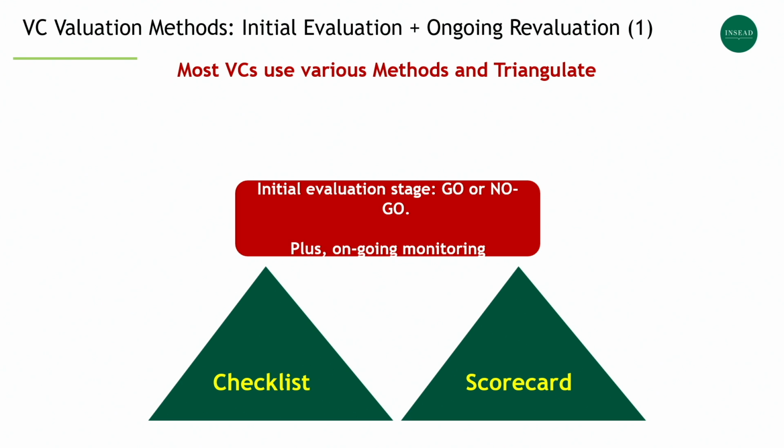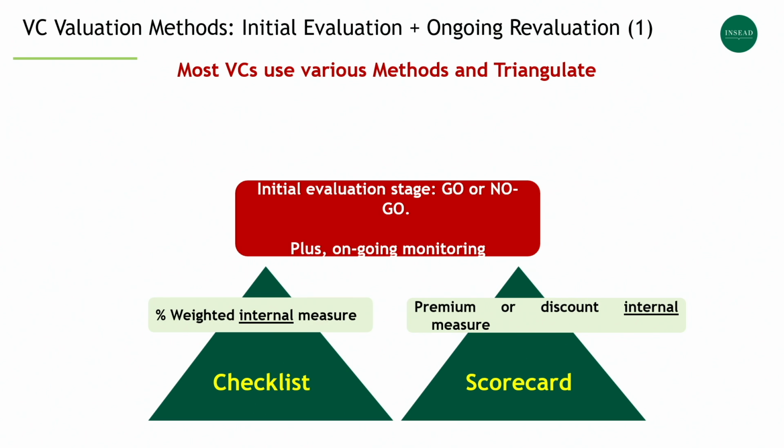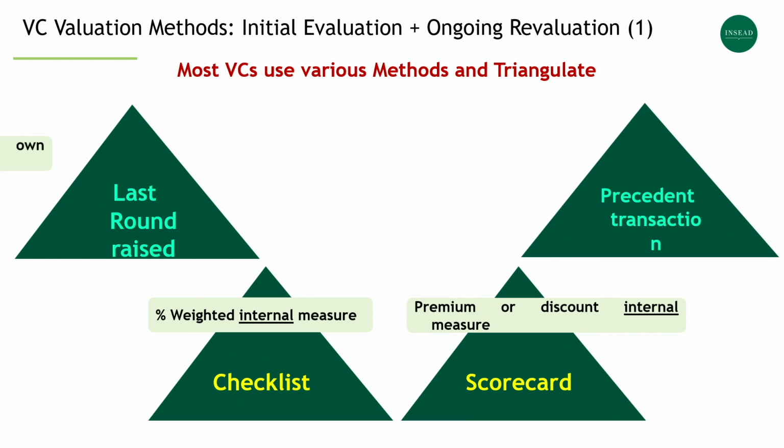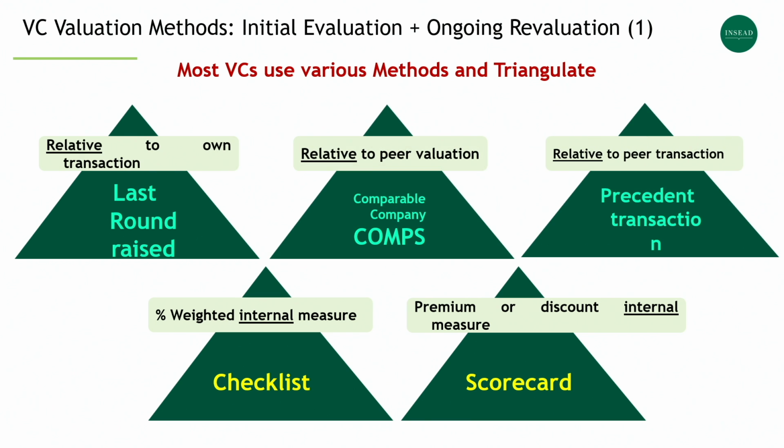So let's have a look at 2 methods, the checklist method and the scorecard method. And they are related, as you will see in a second. The checklist looks at the percentage rated internal measure, and the scorecard compares the internal measures potentially with a premium or a discount for that respective startup. So last round raised, precedent transaction, we will come to those later on.